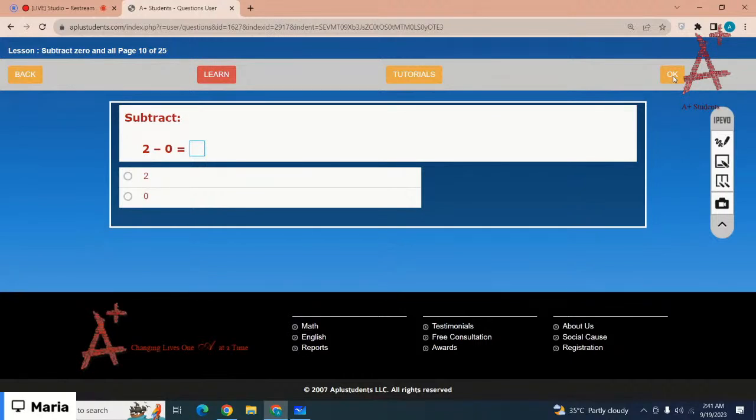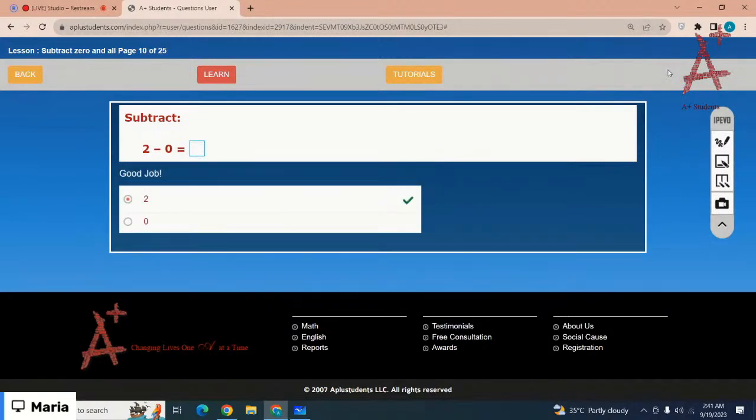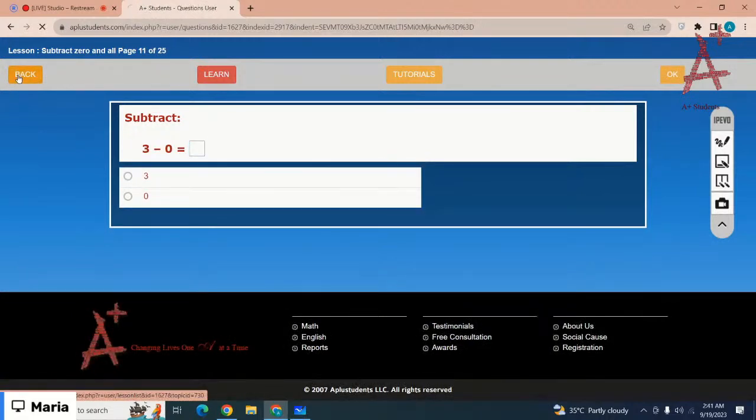Two take away 0 is, yes, that would be 2. 2 take away 0 is 2. Okay, you can complete the lesson by yourself later today.